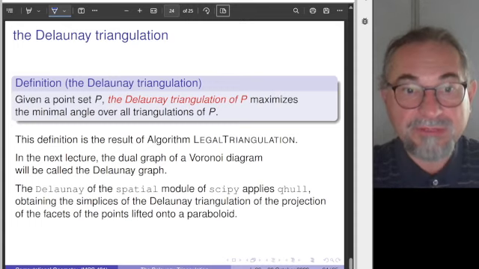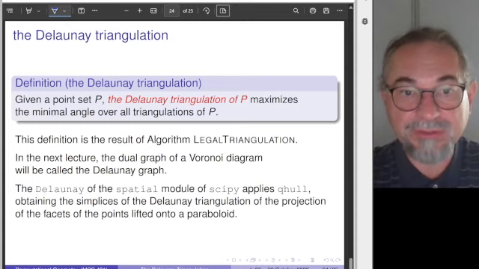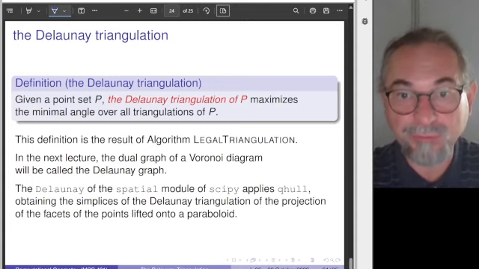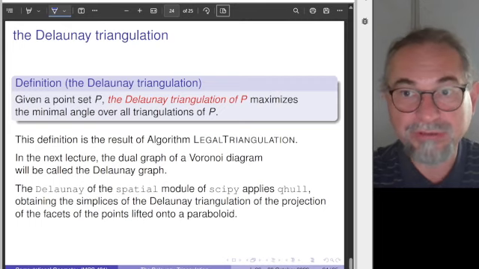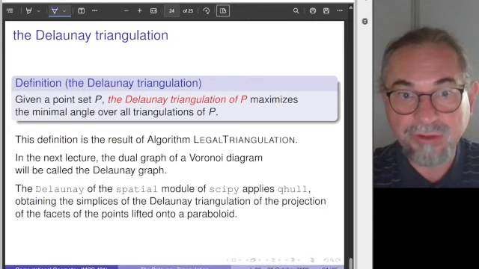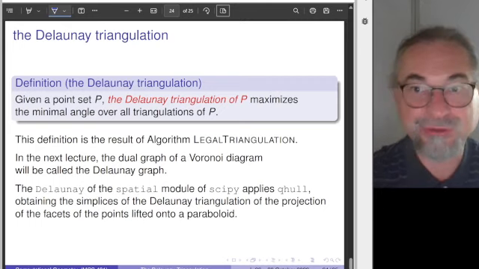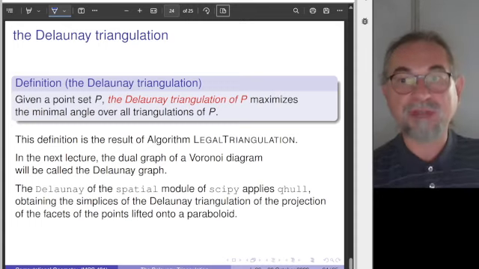All right, so what have we seen? We know already how to compute things via scipy. Next time we will see that if you can compute a Voronoi diagram, then actually you can compute a Delaunay triangulation. They are related to each other, or if you can compute the Delaunay triangulation, you can actually compute a Voronoi diagram.